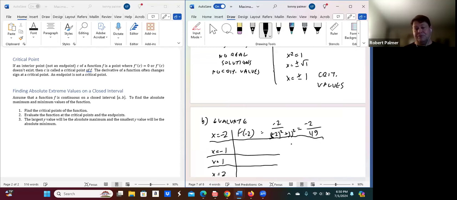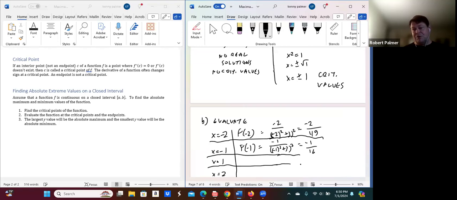Negative 2 over 49, and that doesn't reduce. Now let's plug in negative 1. We'll just do this by hand. f of negative 1 is negative 1 over negative 1 squared plus 3, squared. Negative 1 squared is 1, plus 3 is 4, and 4 squared is 16.